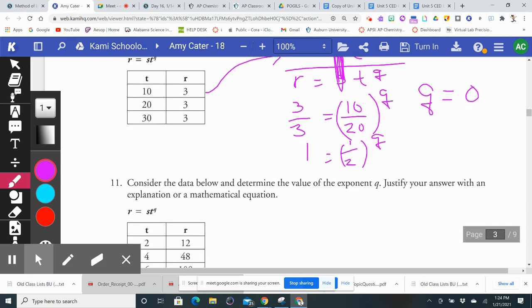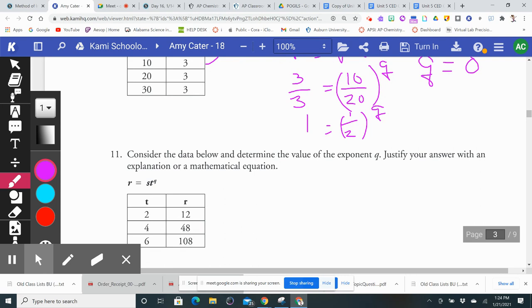All right, so consider the data below, same thing. So we struggled a little bit on the first one, we kind of got it on the second one. Now let's do it on the third one. Same kind of thing, same problem.